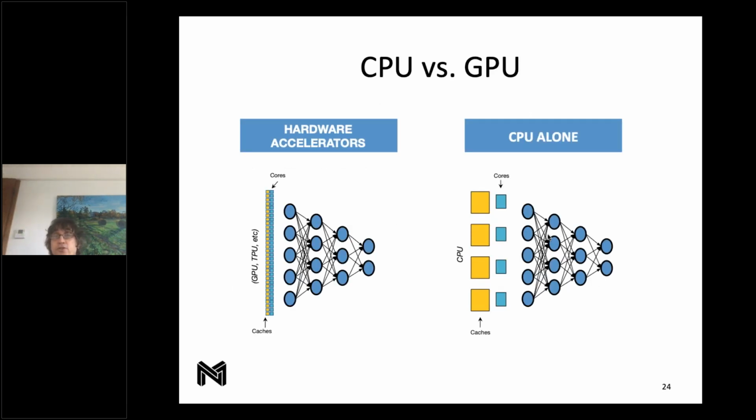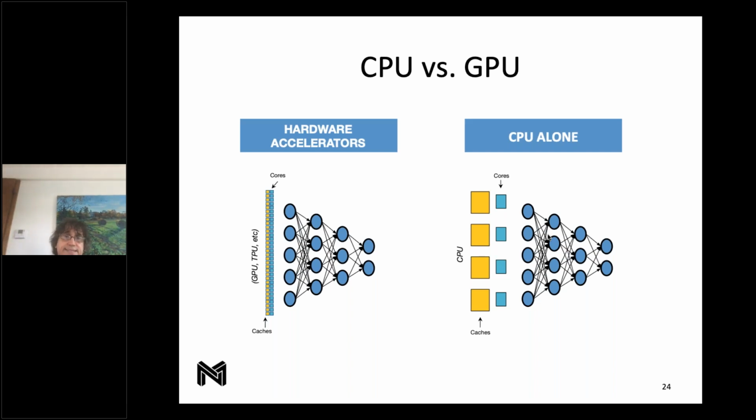And this is where Neural Magic comes in. That's what we do. We take a modern CPU, take all the learnings from neurobiology, and make it competitive with a GPU. How do we do this? Well, here's a comparison of the way computation unfolds on a CPU versus a GPU.